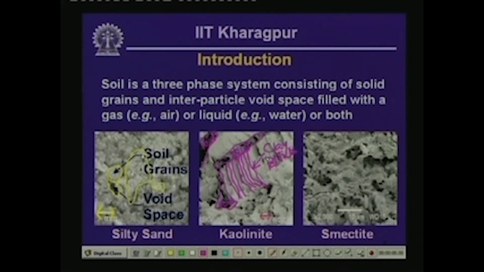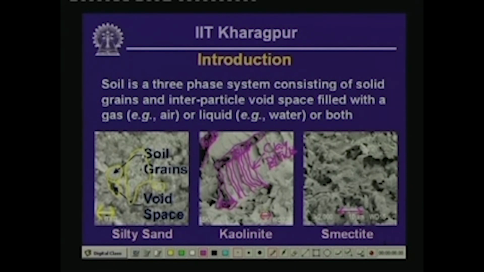Now on the right is another scanning electron photograph, and in this case it is again a much enlarged view, even in comparison with the scanning electron photograph in the middle. Here the scale shown by the arrow that I have drawn on the photograph represents a length of approximately 10 micrometer, and this is a photograph of smectite clay.